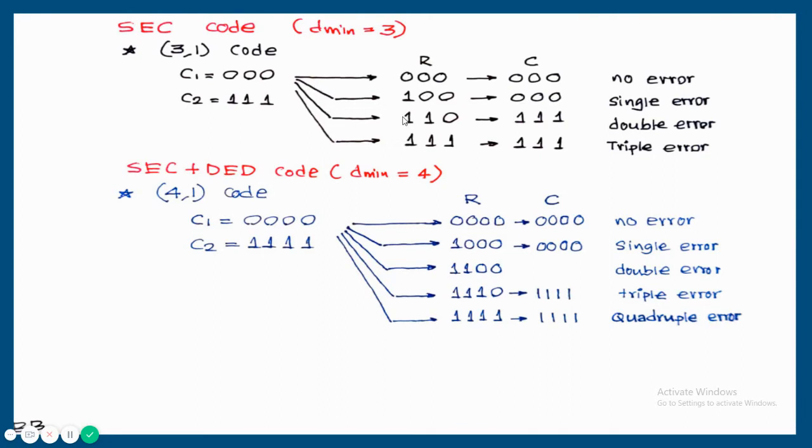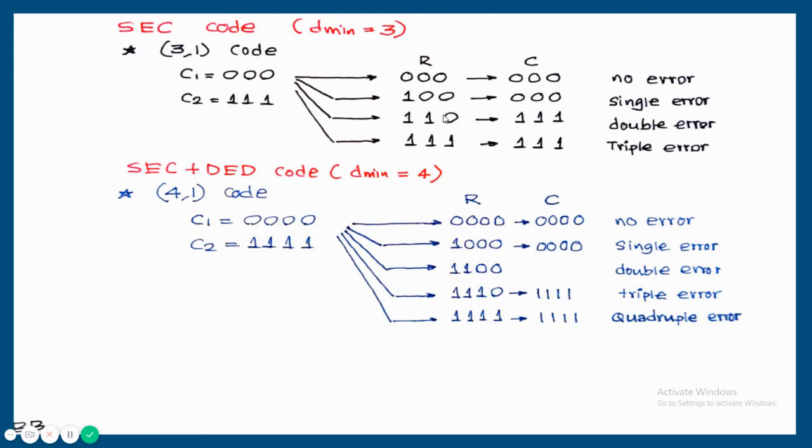After 2-bit errors, it is going to be received as 110. And when the receiver verifies 110 is close to which valid code, the answer will be 111. So it is going to be corrected as 111. So that is a wrong answer we are getting. So after double errors, the receiver is not able to get a proper answer, because after double error, it is still close to one valid code.